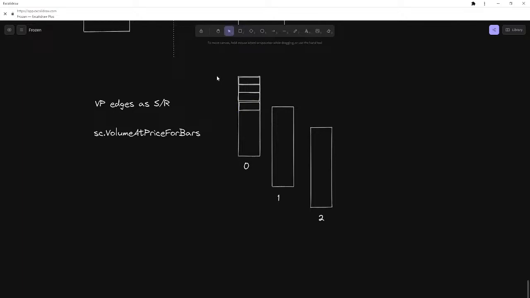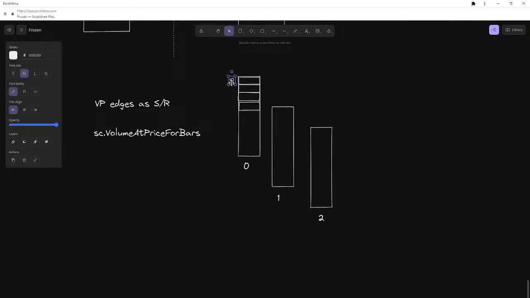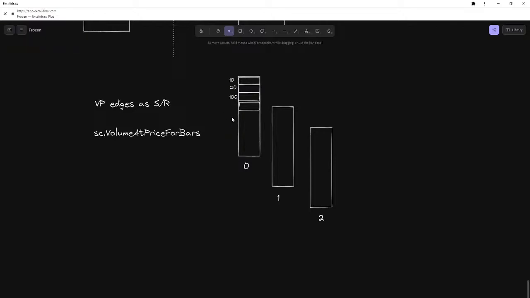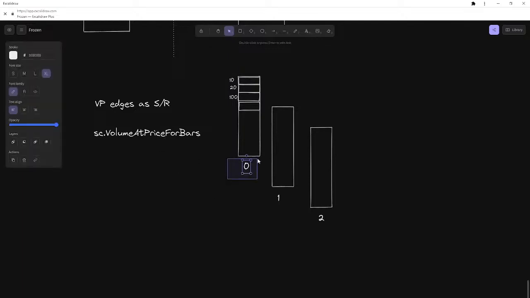Let me make my size of text smaller. Let's say 10 contracts traded here, and 20 traded here, and 100 traded there, and so on and so forth. I won't draw them all out. But this function will let you say, I want to see inside of bar 0.